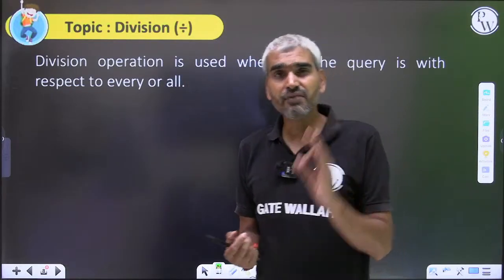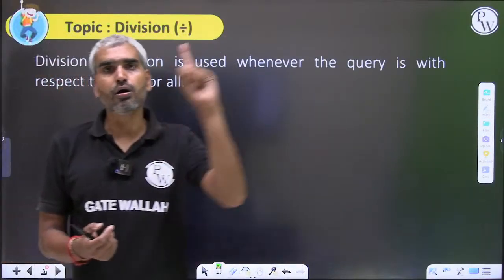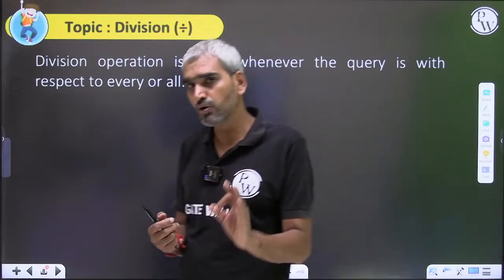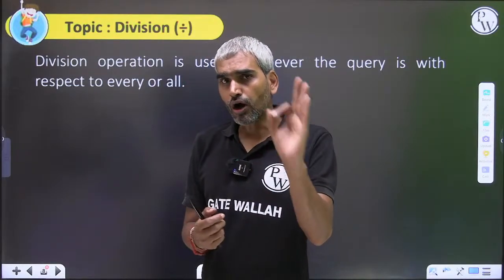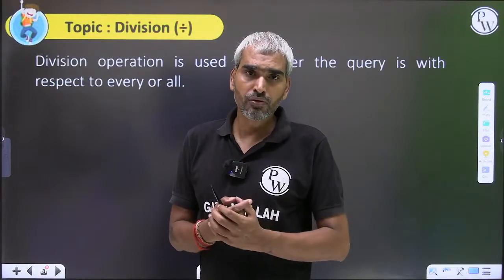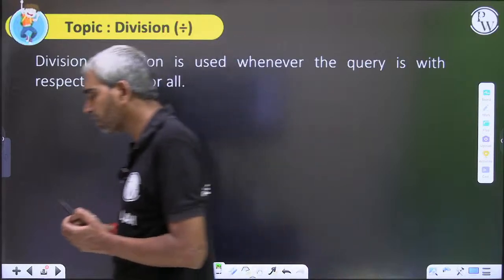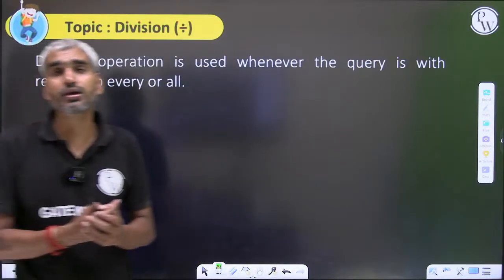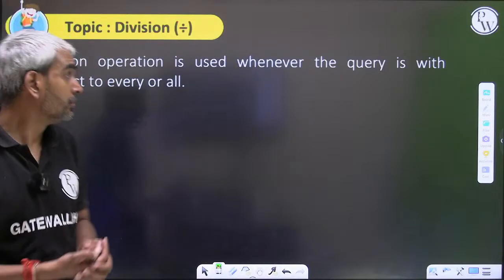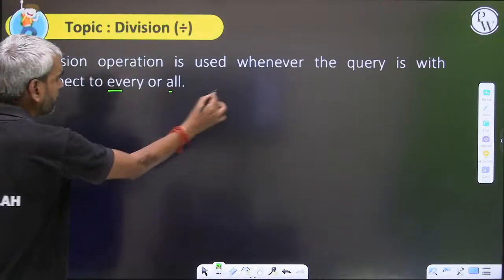Whenever your query is with respect to every or all, your mind must give you a hint that you will have to use the division operation. So division will be used whenever the query is with respect to every or all.